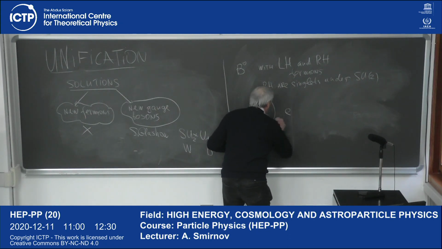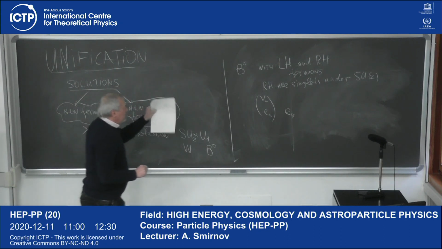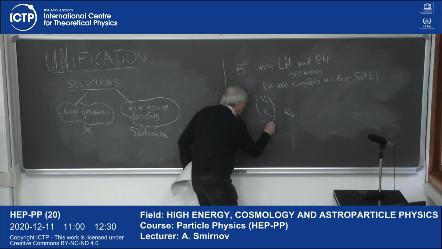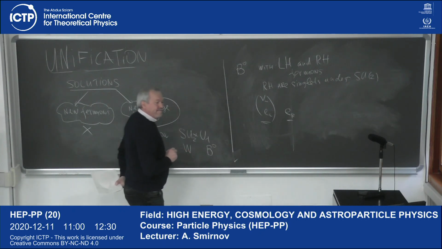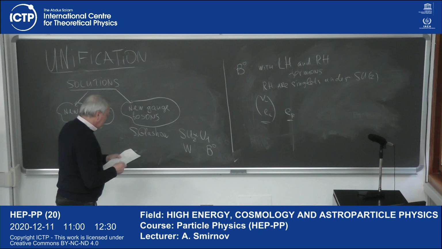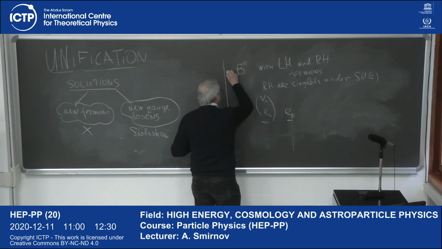But also there are right-handed components. So, of course, right-handed components of electrons should exist. And this B0 interacts both with doublets and with right-handed singlets. Now, this is the first step.